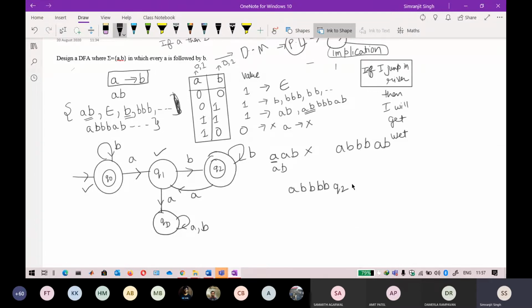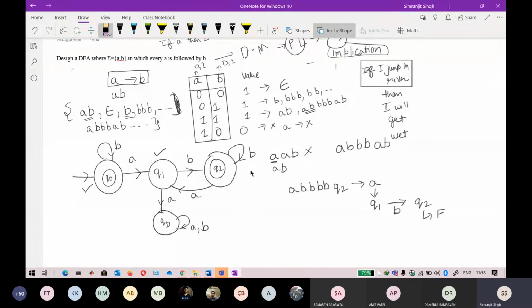In Q2, if a comes, I go towards Q1, and only after getting an input of b can I go to Q2, which is a final state. I think that is the correct transition. Check on Q2, a and b are also defined. This is not a minimal automata, so follow the steps I have said: build the smallest string and then go on.